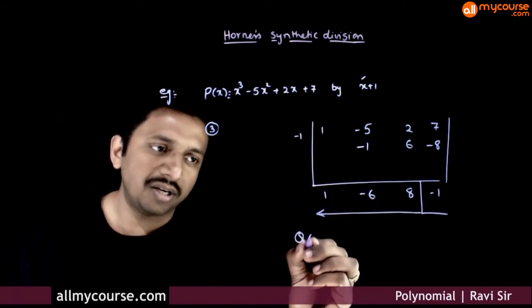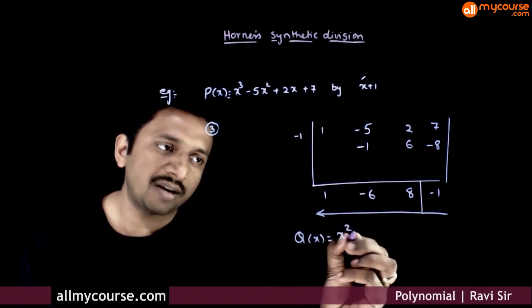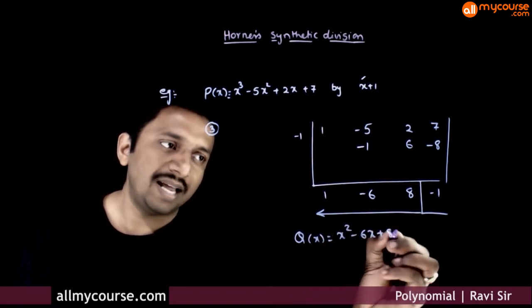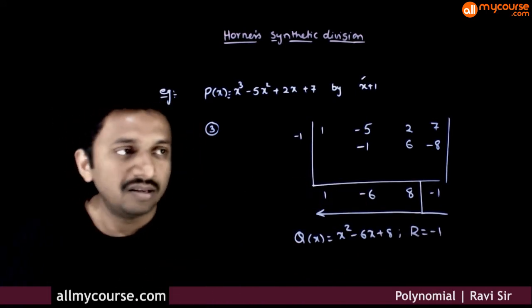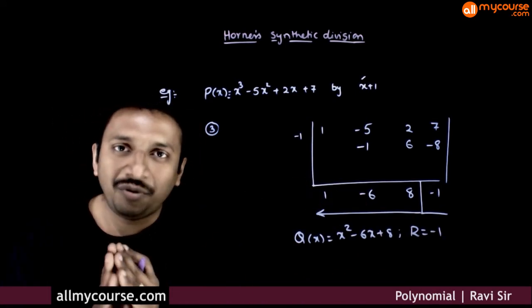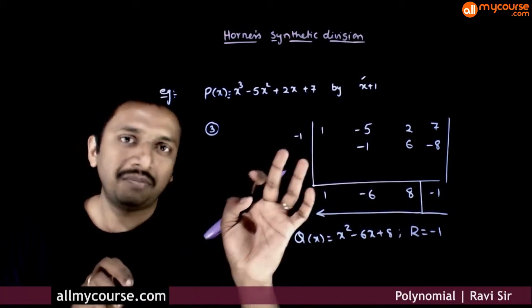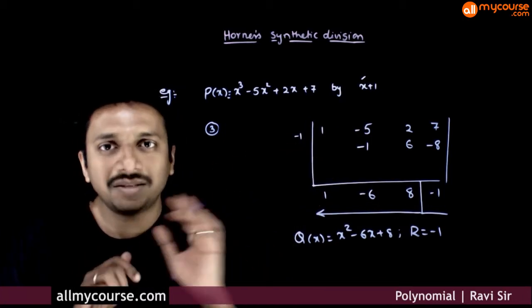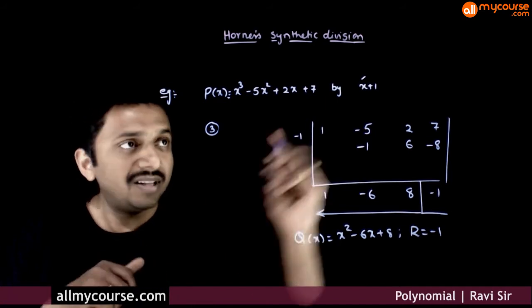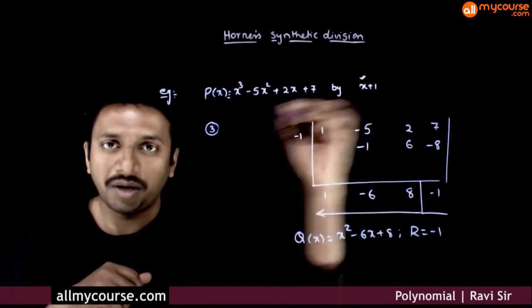Hence, the quotient is x square minus 6x plus 8 and the remainder is equal to minus 1. So in this process, if you want to divide any polynomial by a linear polynomial, you can directly do it in one step if the leading coefficient is equal to 1.